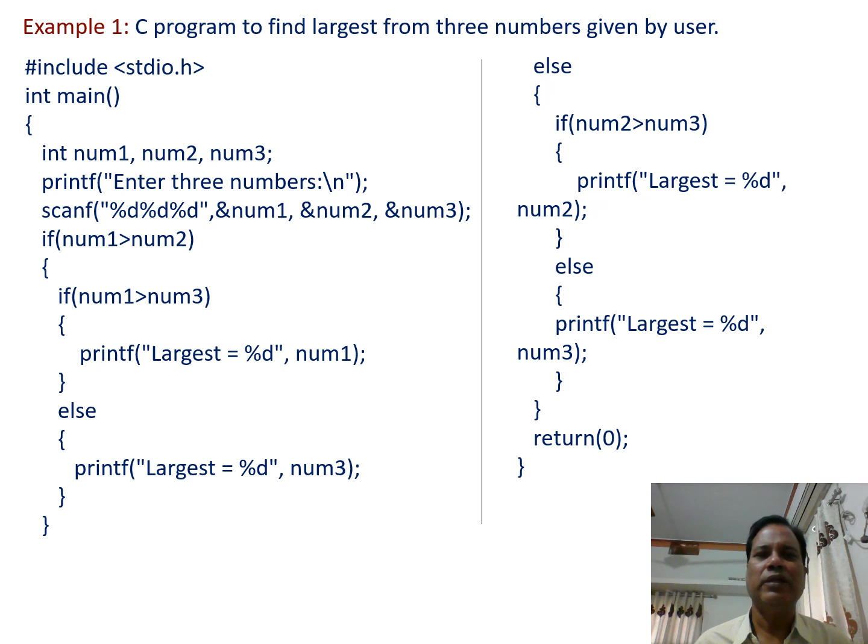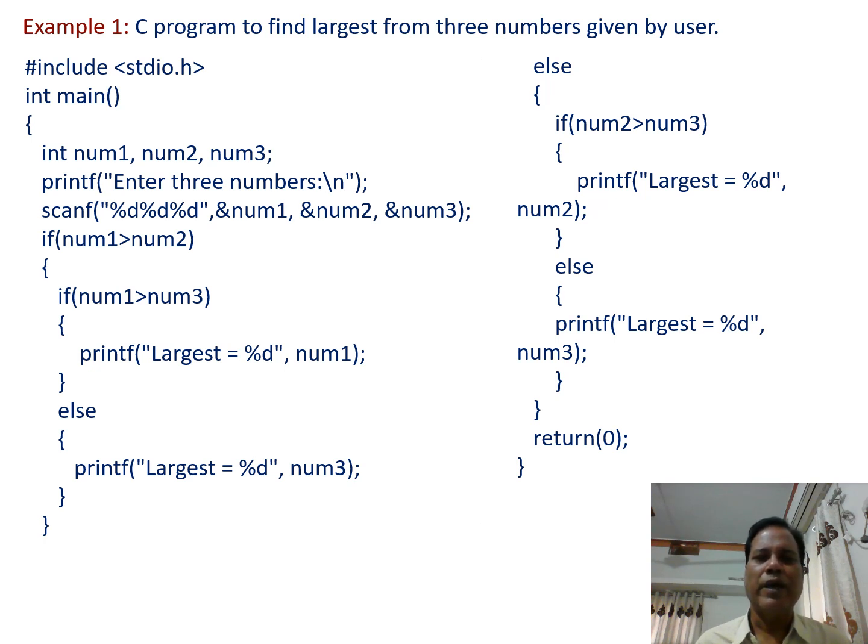In this program, as usual, we include the standard input-output header file stdio.h. Then int main, within open and close braces, we enter our code. The first statement is int num1, num2, num3. We declare the 3 variables as we have to take input of 3 numbers.